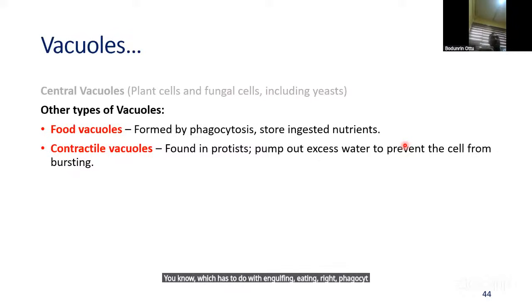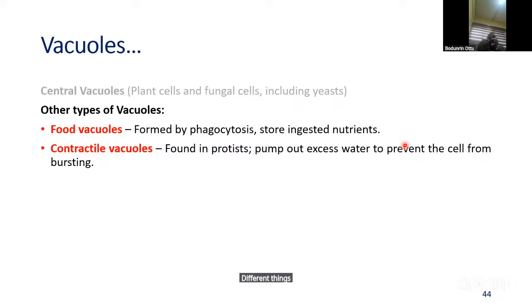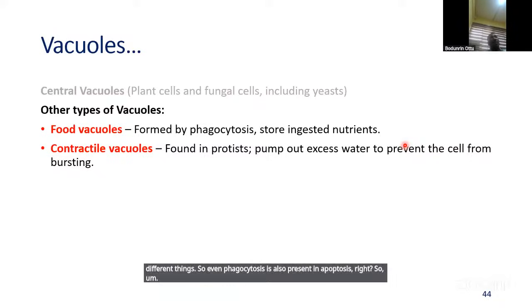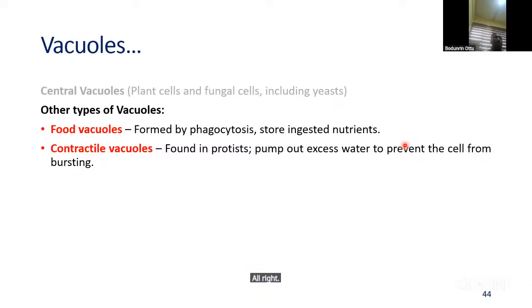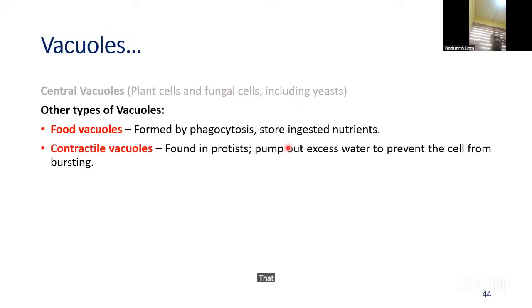So they engulf particles or different things. Phagocytosis is also present in apoptosis, right? So you have dead cells or unwanted cells. They get engulfed by a bacteria, right? They get phagocytosed. That's what we use. So they eat up all those things. So you also have food vacuoles formed by phagocytosis, and they store ingested nutrients.